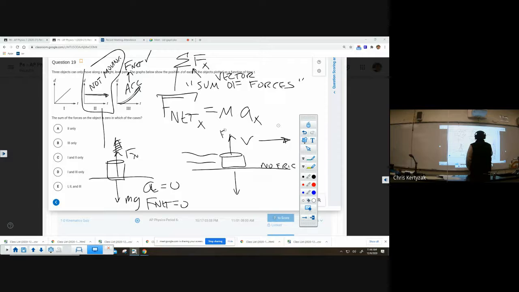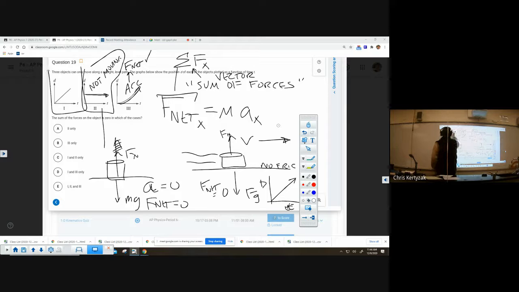And this is the normal force, and this is the gravity force. There's no friction, there's no forward force, it's just momentum and inertia carrying it to the right. This would also be no net force. What would a distance versus time graph look like for this? It would be linear, gaining equal distance per second. So both of these would have to be included, 1 and 2.